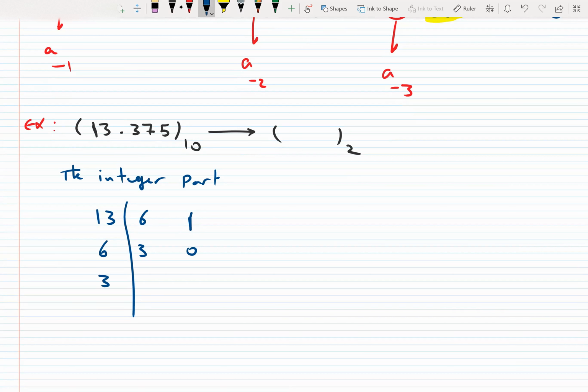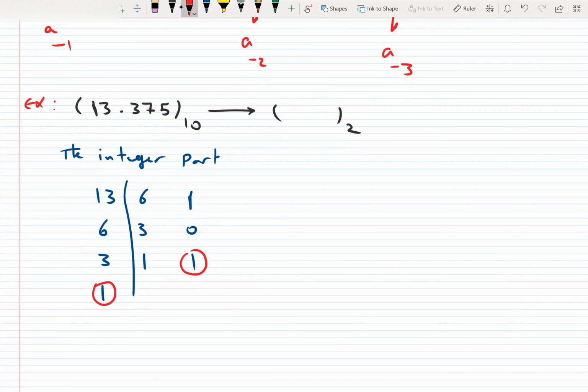And 1 is less than 2, so we should keep this value in this direction. And we can say 13 in base 10 is equal to 1101 in base 2.